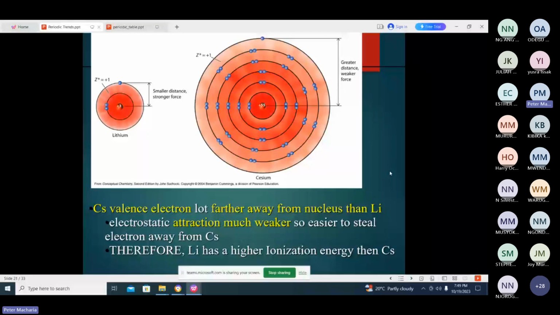When you go to cesium, the outermost electron is very far from the nucleus, right? And also it is very much shielded by the inner electrons, right? They are shielding because they are themselves being attracted to the nucleus. So in cesium, the outermost electron has very minimum attraction to the nucleus.